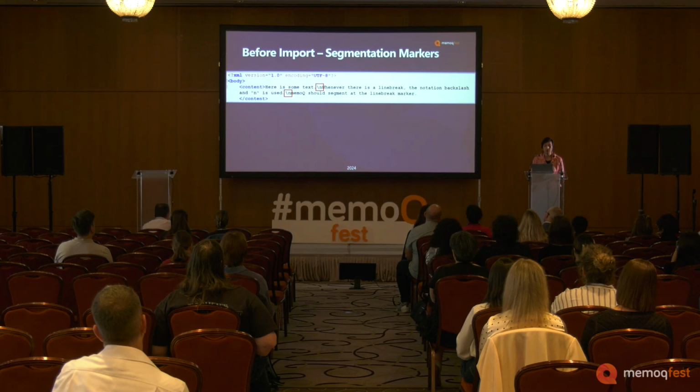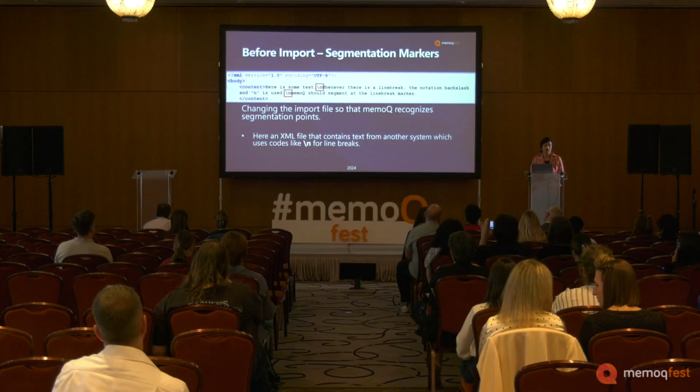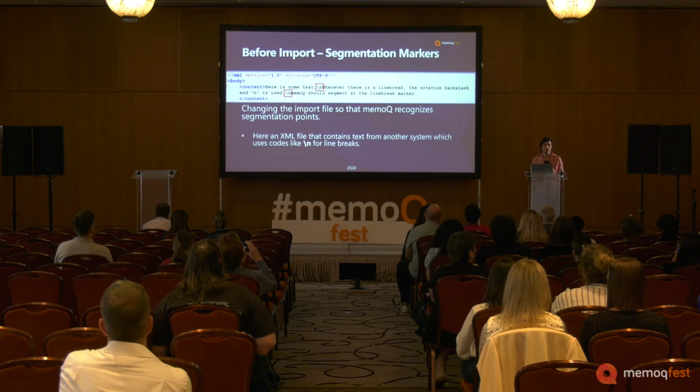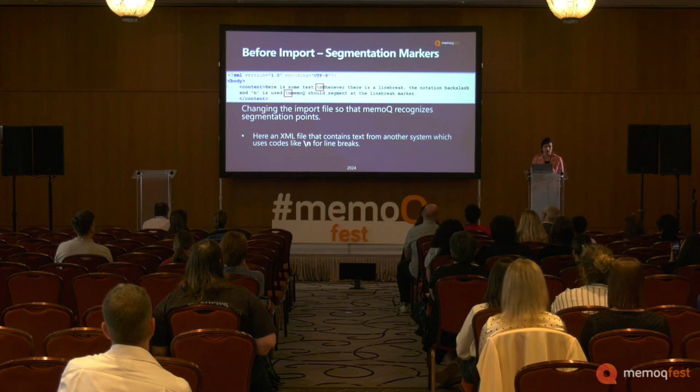What we need to do is we need to process the file and change that into something that an XML file could recognize as a break. So basically, we're changing the \n into a tag. Search and replace, simple search and replace into a tag that spells out break, which then in memoQ, in the XML import filter, we can define as, so this is an external tag, it breaks the segment.